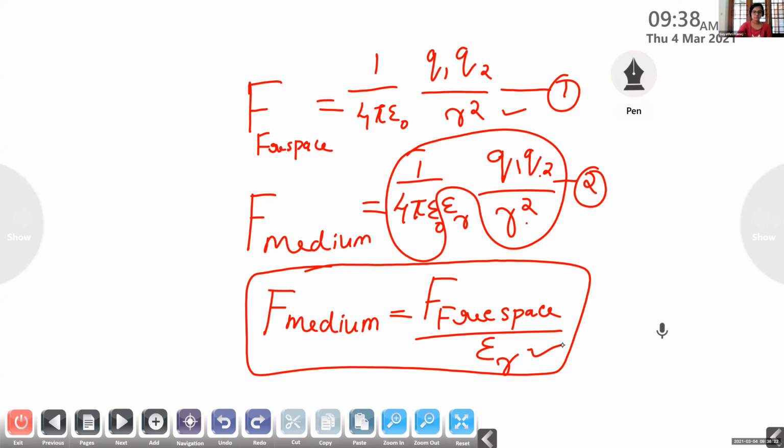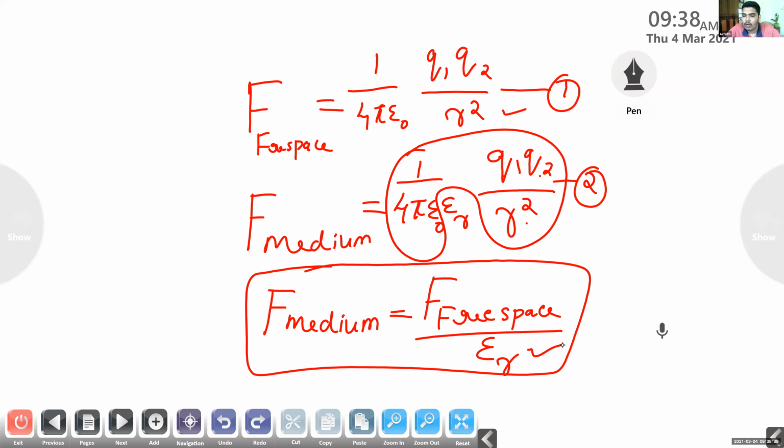Yes, it is the relative permittivity. It is not simple permittivity. It is the relative permittivity of the medium. It is not a constant. Its value varies depending upon the material medium present between the charges. Is it clear?